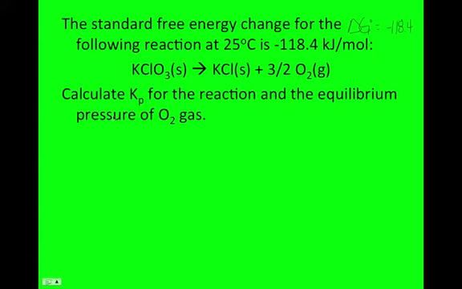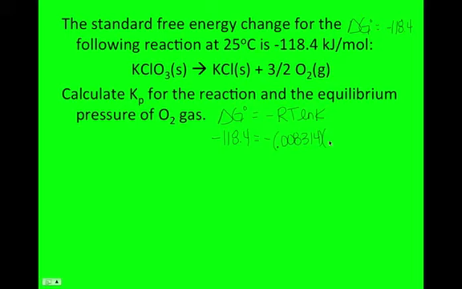So we're going to use the reactions that we were given. Since it wants us to calculate K, we're just going to use this guy. And this will very easily enable us to solve for K. So I'm just going to plug in the information that I have. I've got negative 118.4 equals negative, again, using the kilojoules version of R, 0.008314.